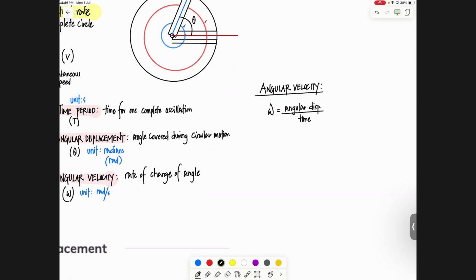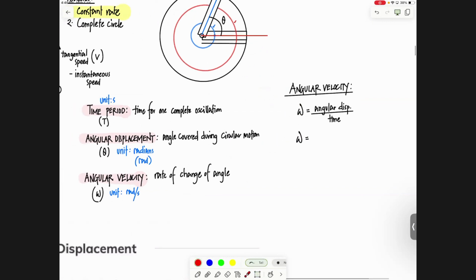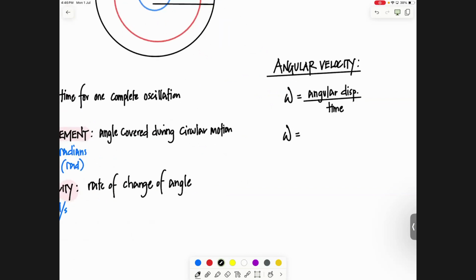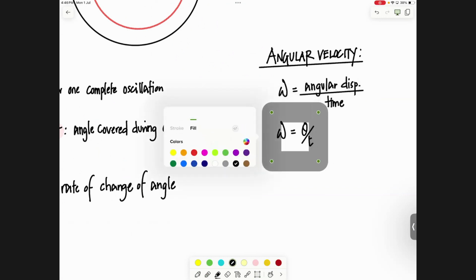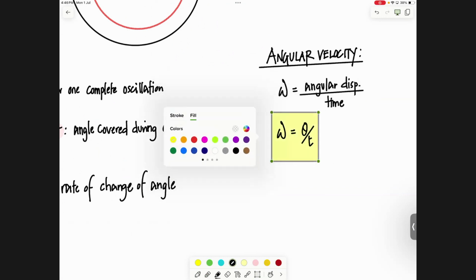What's the symbol for angular displacement? Theta, right? So theta divided by time taken, t. And that is the formula for angular velocity. Okay, so if you have an angular velocity requirement in your exam, this is the equation.